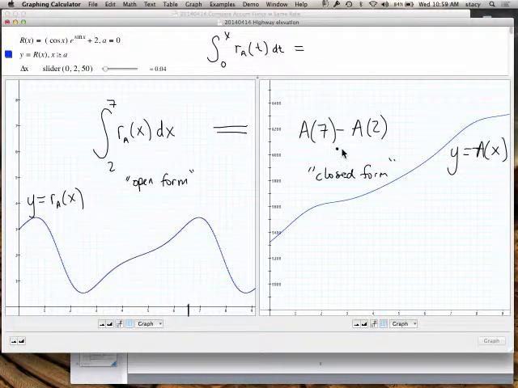Then if I wanted to write it in closed form using the accumulation function, how would that look? A of x minus A of 0. And if I didn't want to start at 0 and wanted to start at some other value, I'd change it like that.